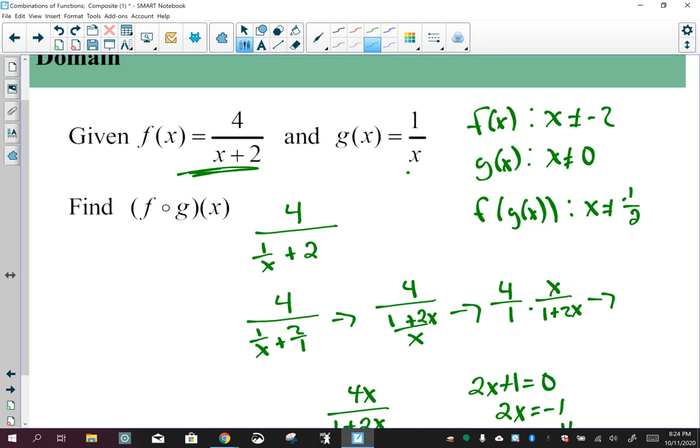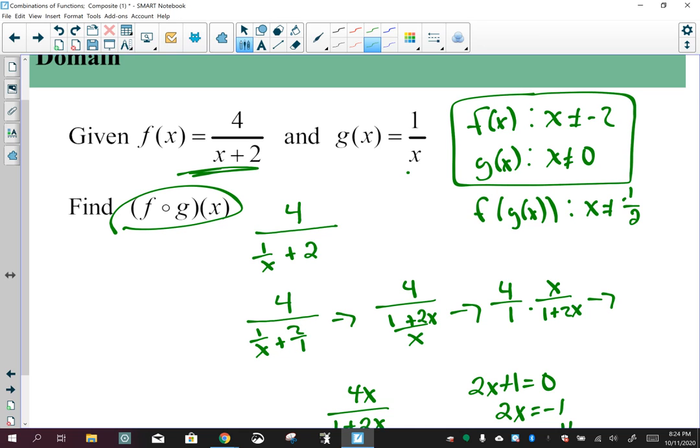So these three values have to be excluded from the domain when we're talking about the composition of this. That's simply because we're composing these two functions together. If we ever decide to go backwards and expand our compositions, we have to be able to look at what I cannot include in that as well. Okay.